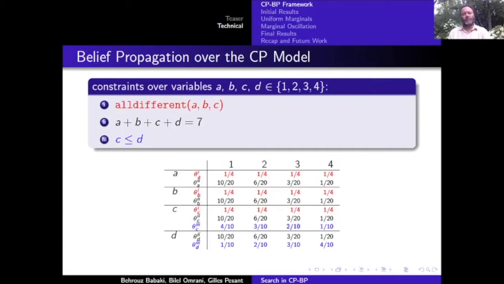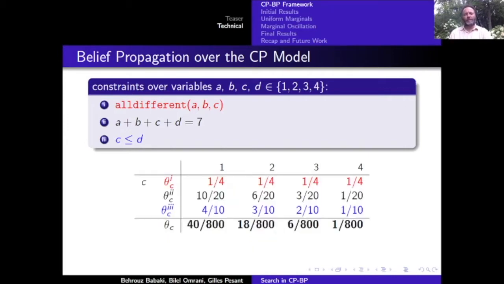If we do this from every constraint, considering all the variables in their scope and the values in the domains of the variables, we get all this information compiled in a large table. That's received by the variables. So for example, variable C here receives 3 messages, one from each of the 3 constraints. How is this combined? We simply take the product of the messages for each domain value.